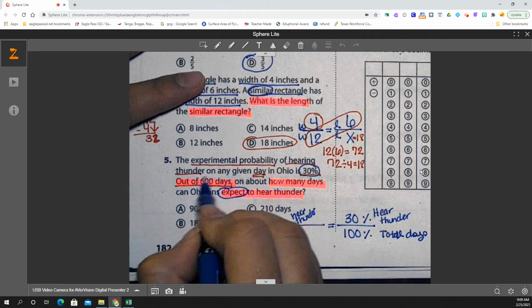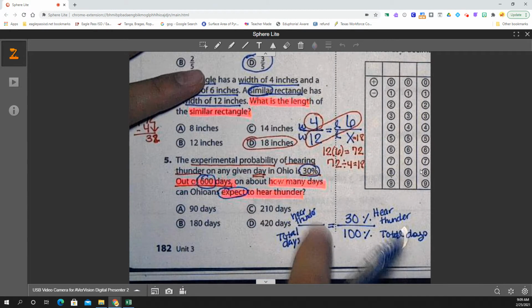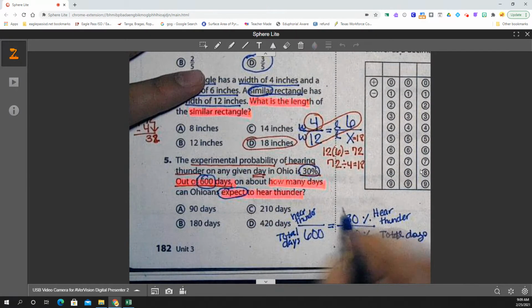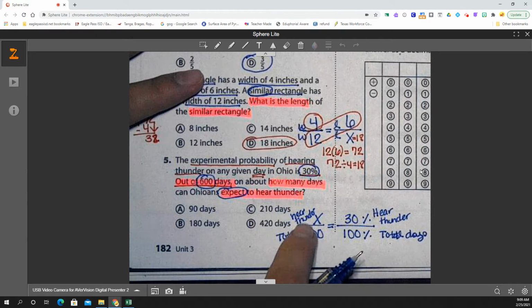What is 600? Is 600 the days that you're going to hear thunder or the total days? Very good, the total days. When are you going to hear thunder? We don't know. That's what I'm trying to figure out. I'm trying to figure out how many days am I going to hear thunder out of the 600 days.